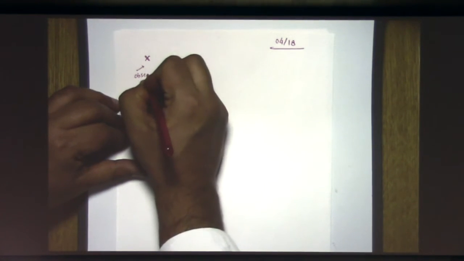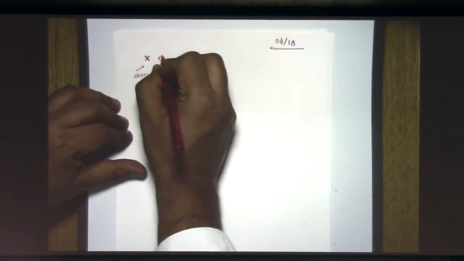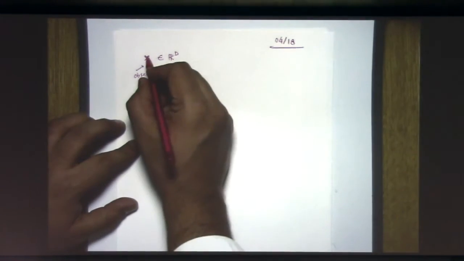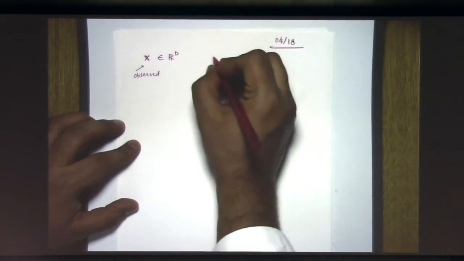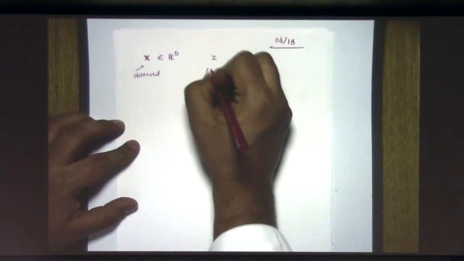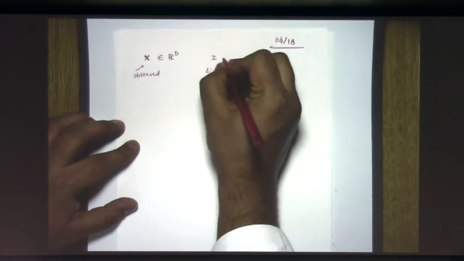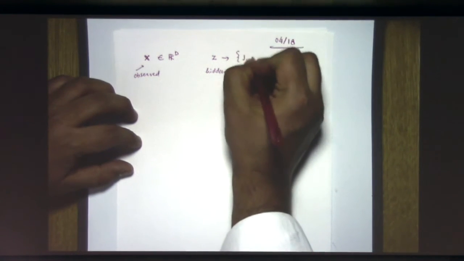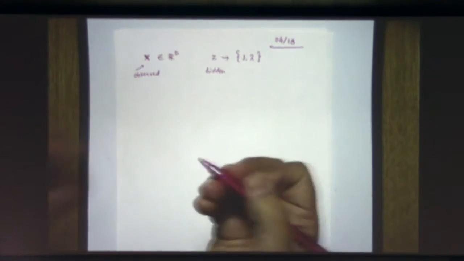So what we are saying is that we have some x, which is observed, and x belongs to some d-dimensional space, so it's a vector of d attributes, right? And then we have z hidden, and z can take, let's say for now, we'll assume that z can only take 2 values, 1 or 2, or 0 and 1, right?